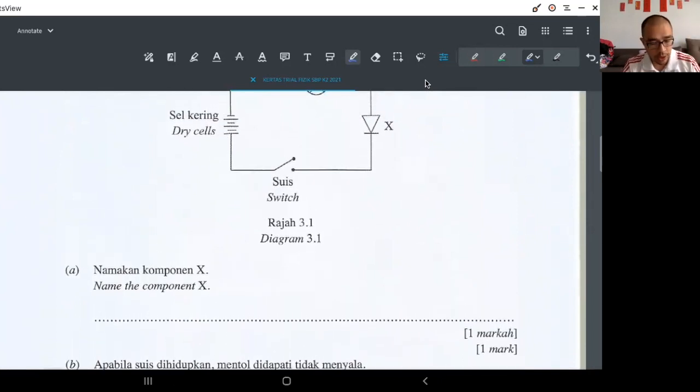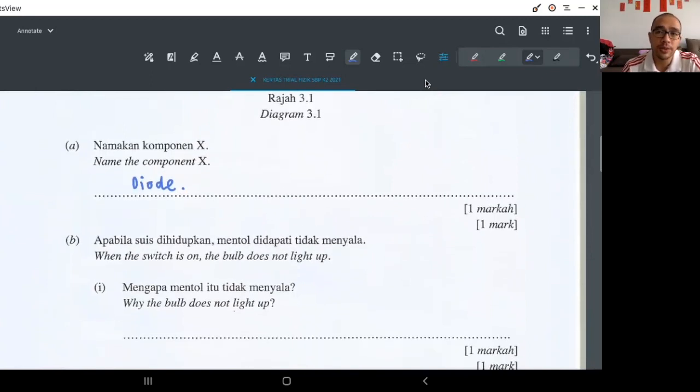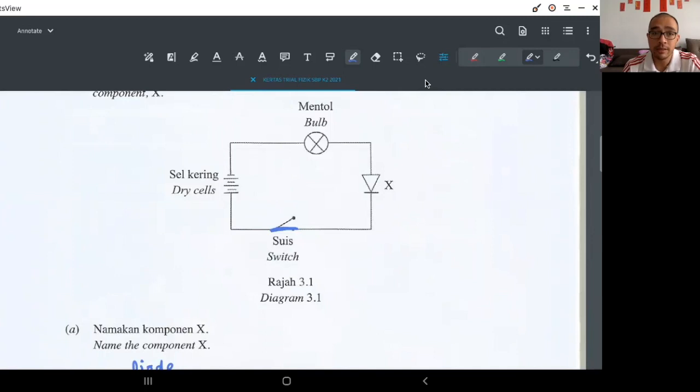The question is, when the switch is on, the bulb does not light up. So let's take a look. If I turn on the switch, I connect this one, current should flow like that. Then come here, look at this. The diode is not in the right position. How do we explain the connection in the diode?